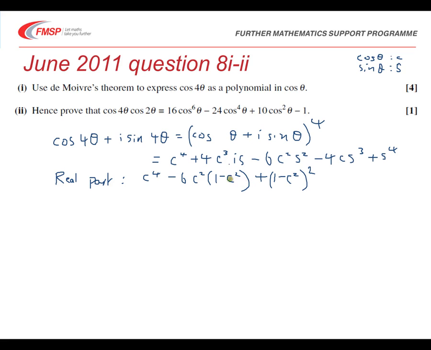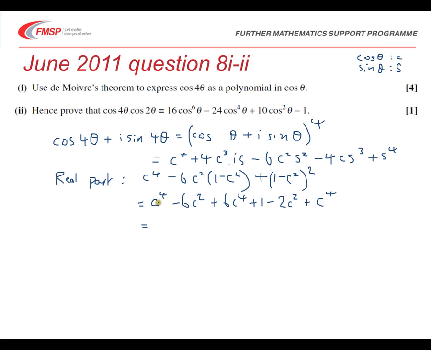Now I can bring all of those together, and I get C to the 4 minus 6C squared plus 6C to the 4 plus 1 minus 2C squared plus C to the 4. And I'm going to give my final answer in terms of cos theta.